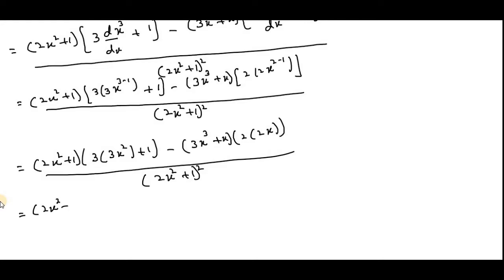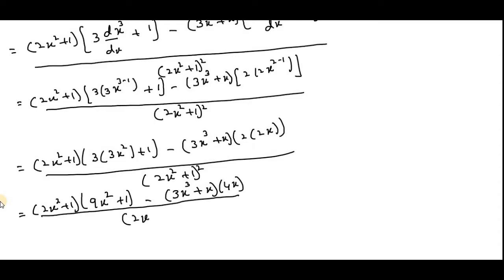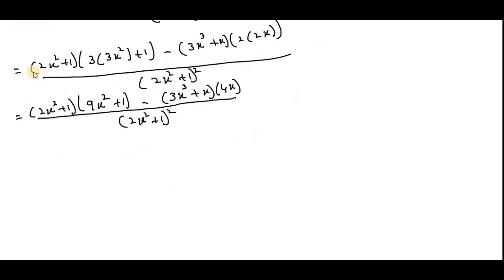Now we are just going to simplify it. 2x square plus 1, this is 9x square plus 1 minus 3x cube plus x and 4x over 2x square plus 1 whole square.